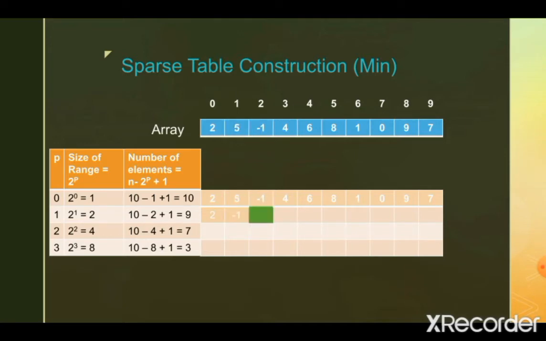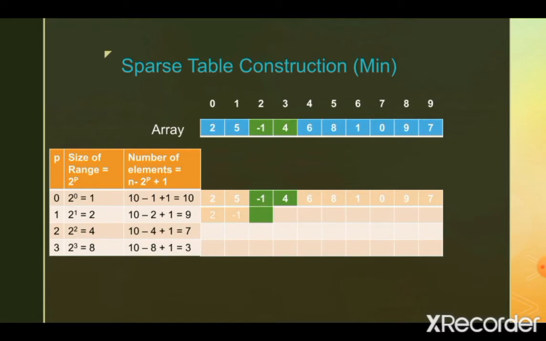Now similarly, finally let's see how we can compute the minimum value of the third element in the second row. This corresponds to the range, as highlighted in the figure, in the original array from position 2 to 3 inclusive. This can be divided into two equal parts, the 2 to 2 range and the 3 to 3 range.